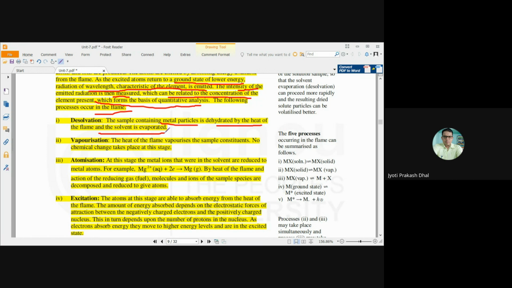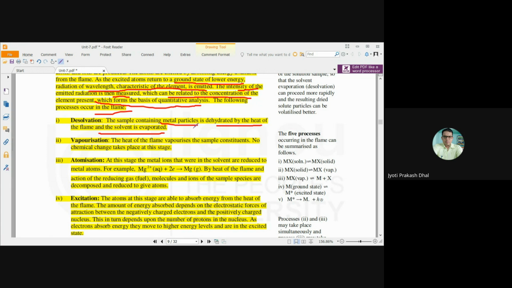Initially, the metal is dispersed in a particular solvent to form a solution, and when the solution is nebulized into the flame, first the solvent is vaporized, and after that only finely divided solid particles remain. That step is called desolvation.